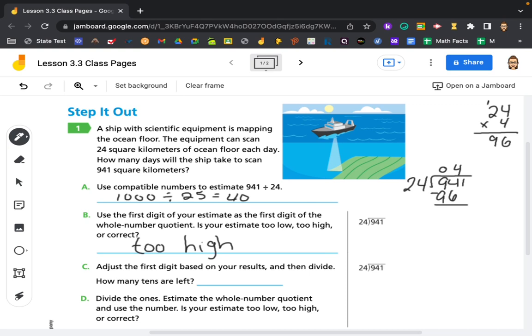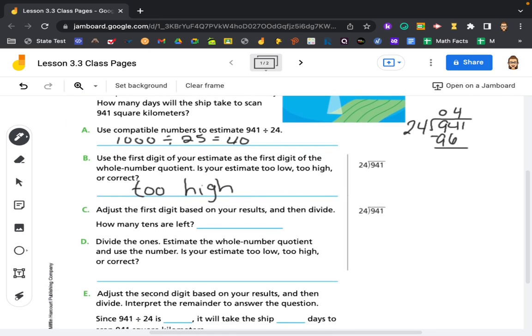So we are going to divide. So we're 24, 941, 0, 3. Well, 24 times 3, with 3 times 4 is 12, 3 times 2 is 6 plus 1 is 7.